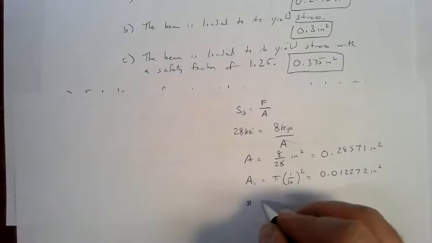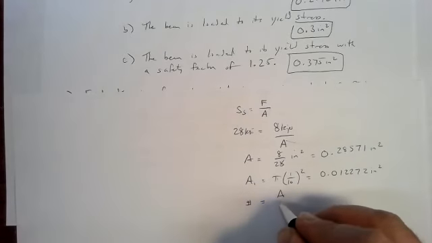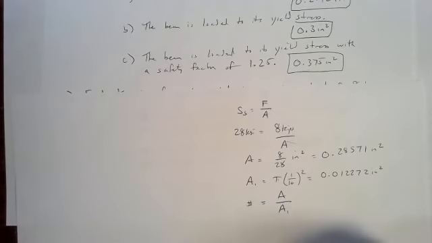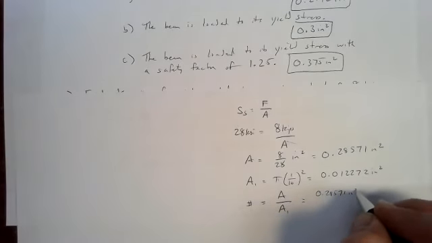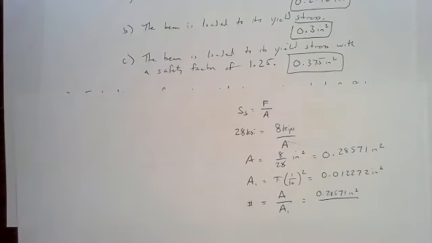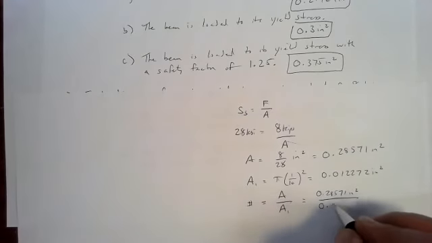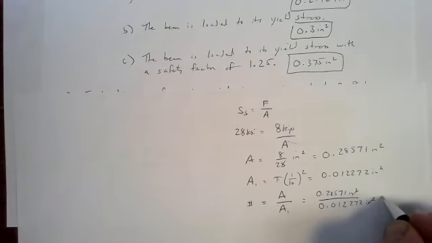The number of rivets is the total area over the area for one rivet. So if we divide those out, 0.28571 square inches, and we divide that by the area of one 1/8-inch diameter rivet, that'll tell us how many rivets we need.